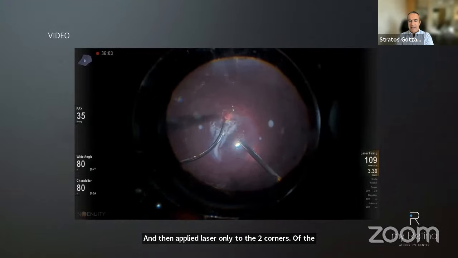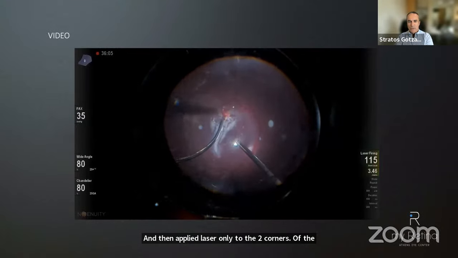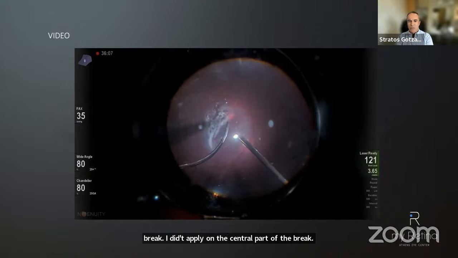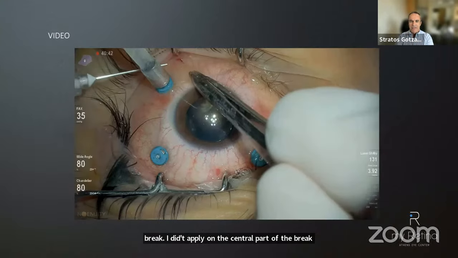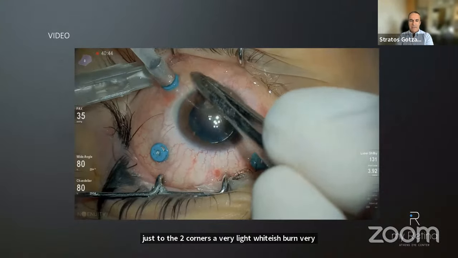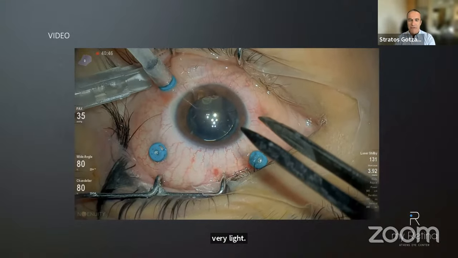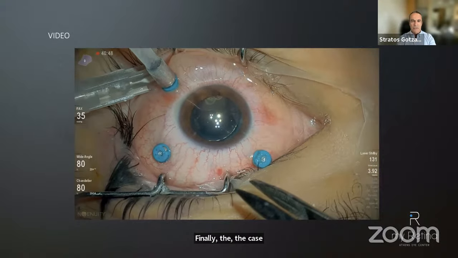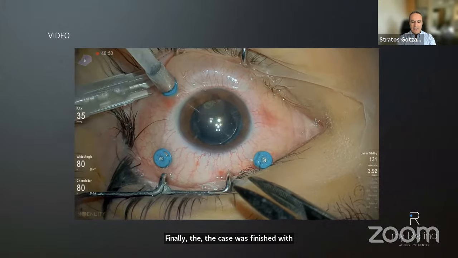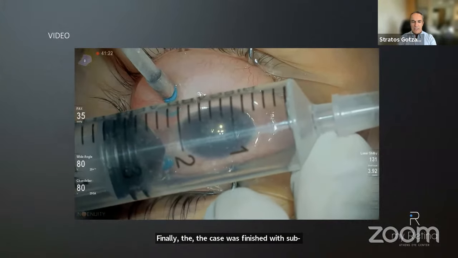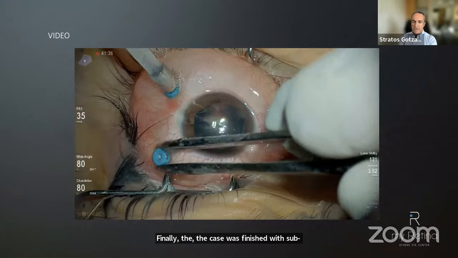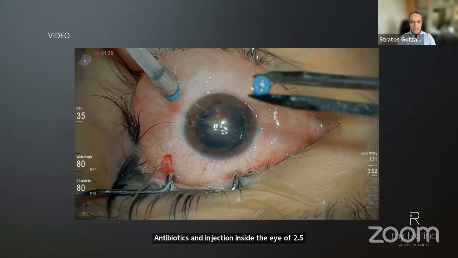I didn't apply on the central part of the break, just to the two corners, a very, very light whitish burn. Finally, the case was finished with subconjunctival antibiotics and injection inside the eye of 2.5 mL of pure SF6.